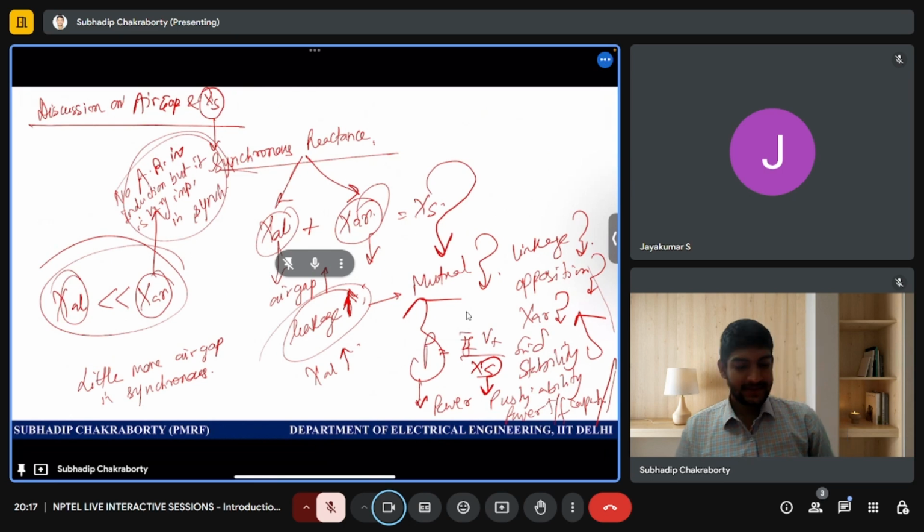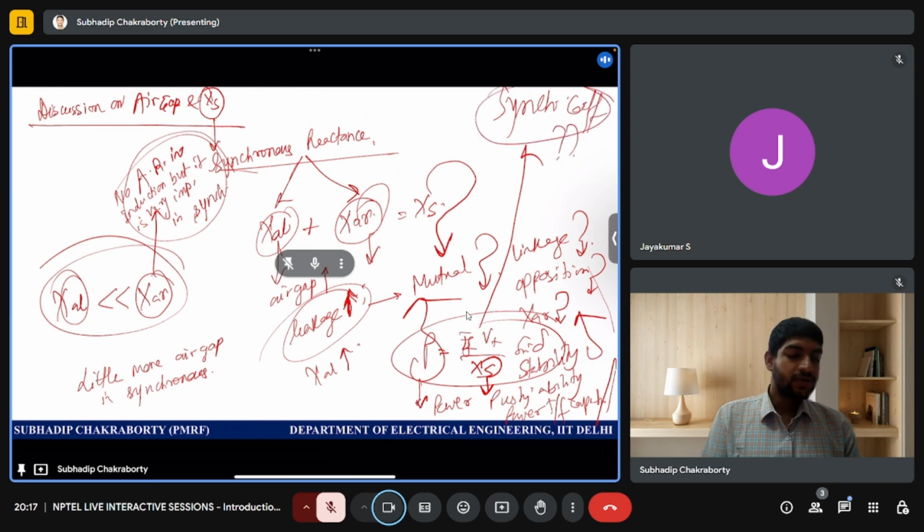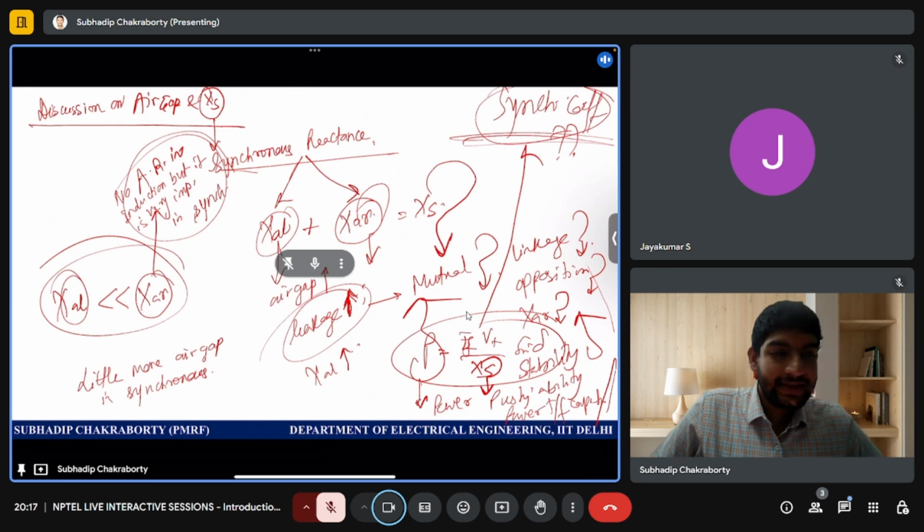Stability increases. Just learn about the term synchronizing coefficient. It is very easy. Just learn from a good book. You must have also learned this, the dP by d delta I am talking about. So it is also a measure of stability that is enhanced, right?